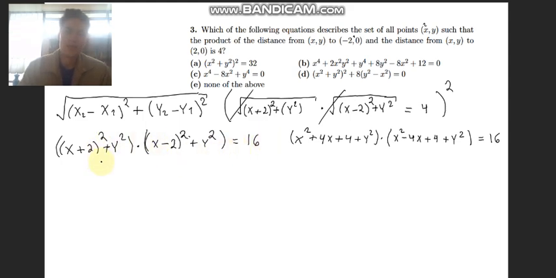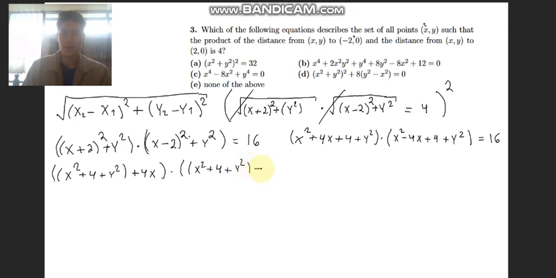Okay, the key here is to rearrange this to form a conjugate. How? Well, like this. If we put this x squared plus 4 plus y squared plus 4x, and we multiply this by the same left side, x squared plus 4 plus y squared, but minus 4x, we create the formula of the conjugate.